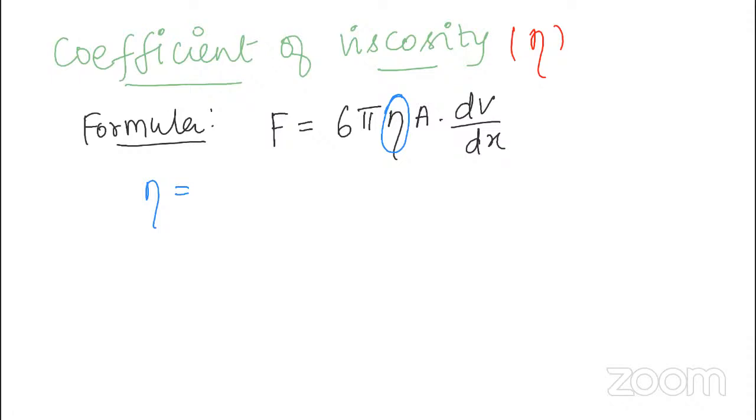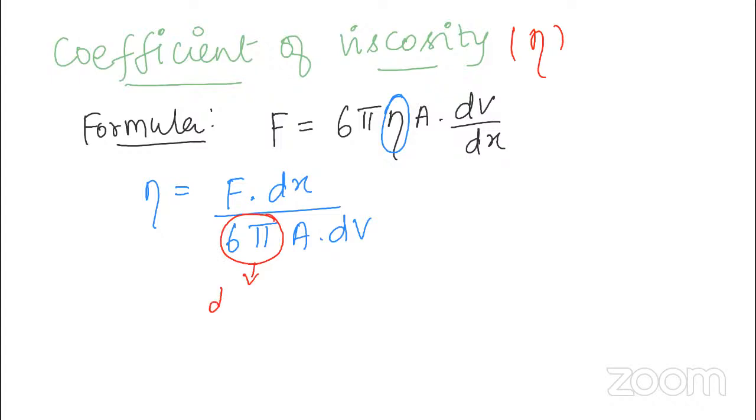So eta is equal to F into dx divided by 6 pi A into dV. Okay. So here 6 pi, it is a dimensionless constant. So அதனால இத நம்ம calculations க்கு எடுத்துக்க போறது இல்ல.